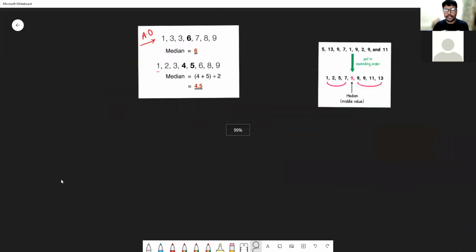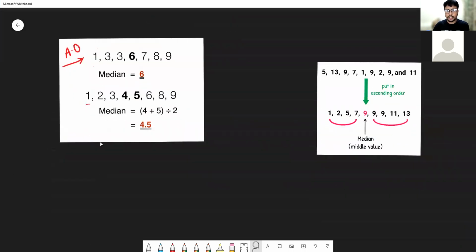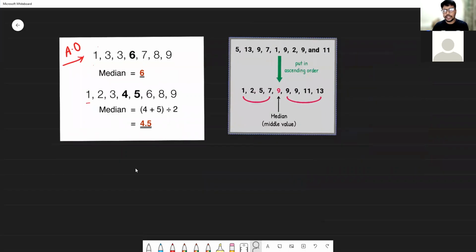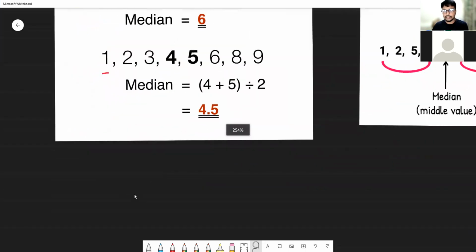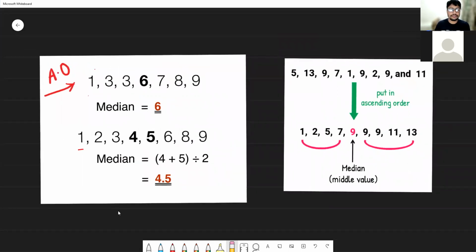Now see the figure, then you'll get the idea about the median. Just see this diagram properly, then you will get the idea about the median. Can you see these two diagrams here?